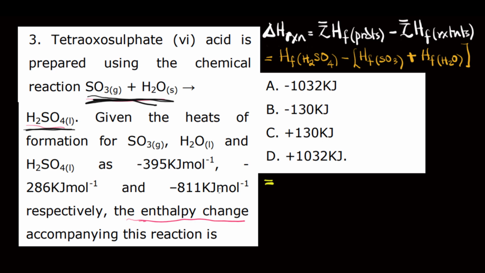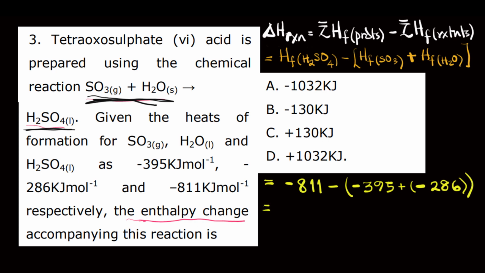So substituting these values, the heat of formation of H2SO4 is minus 811, minus bracket opens heat of formation of SO3, sulfur(VI) oxide, is minus 395. Please, when answering questions like this, you have to be very, very careful of the signs. Now plus into minus heat of formation of water, which is minus 286, all in kilojoules per mole.